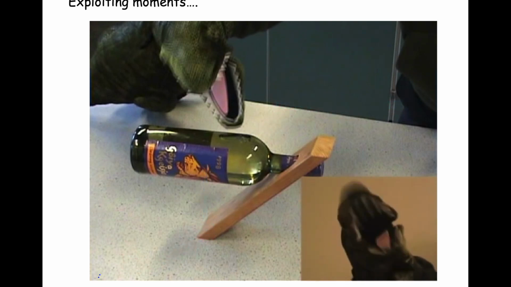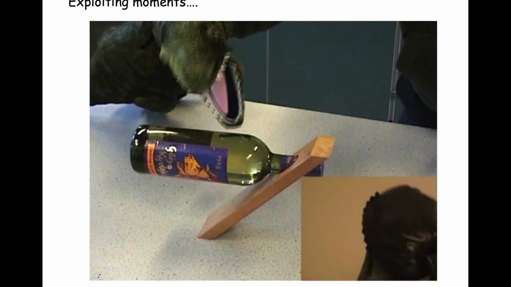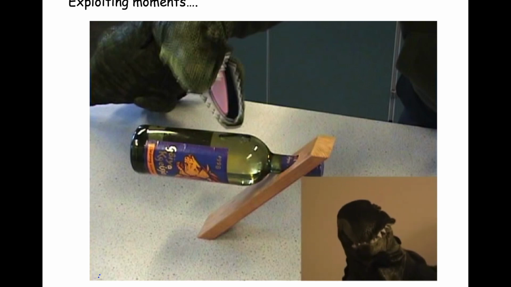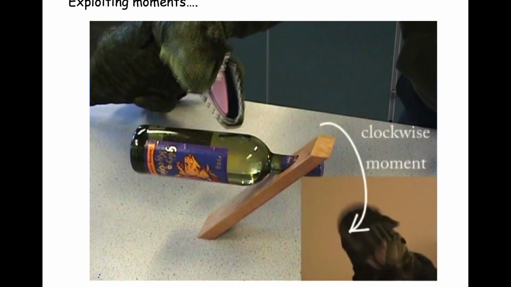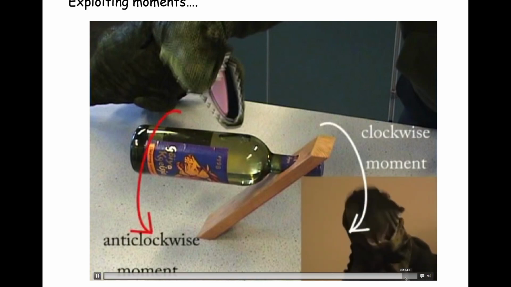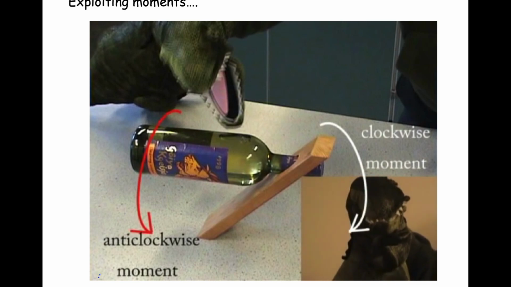Another way of looking at this is that the weight on either side of the pivot is the same. So the object is balanced. The clockwise and anti-clockwise moments are the same. That's why it balances. Okay. Shut up!